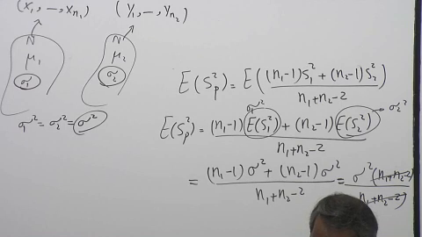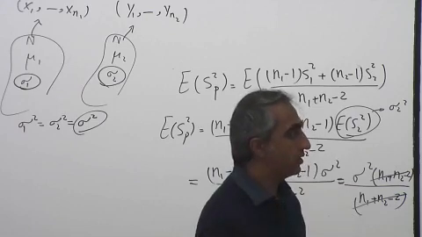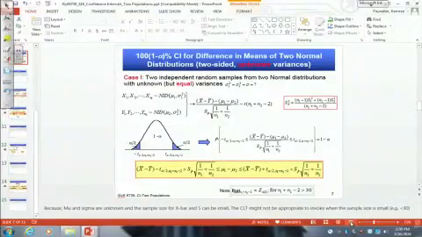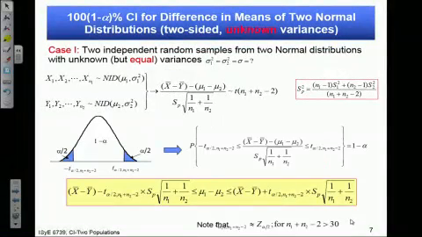This should be this: if your degrees of freedom is greater than 30, then you can use Z instead of T.